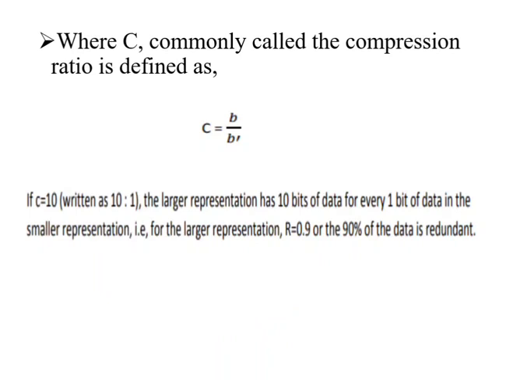If C is equal to 10, for instance, the larger representation has 10 bits of data for every 1 bit of data in the smaller representation. The corresponding relative data redundancy of the larger representation is 0.9, indicating that 90% of its data is redundant.